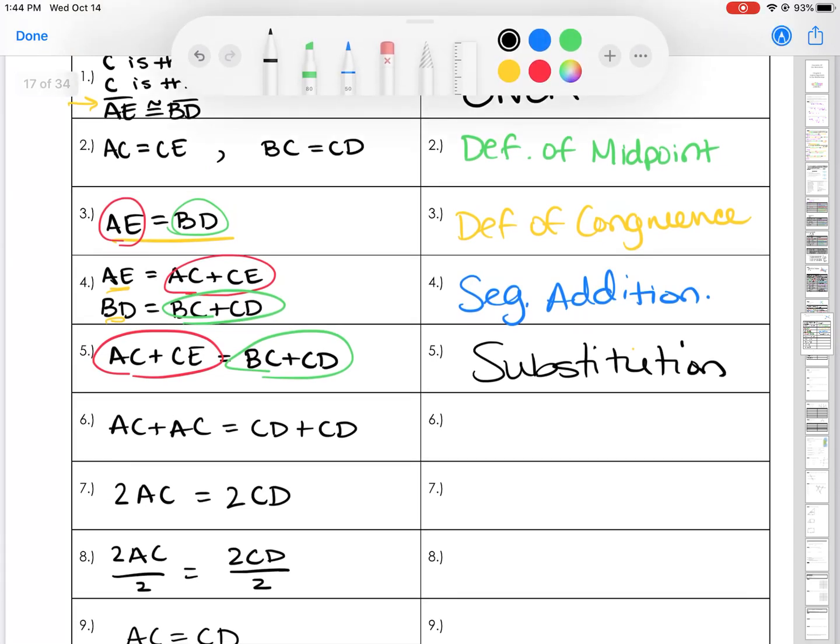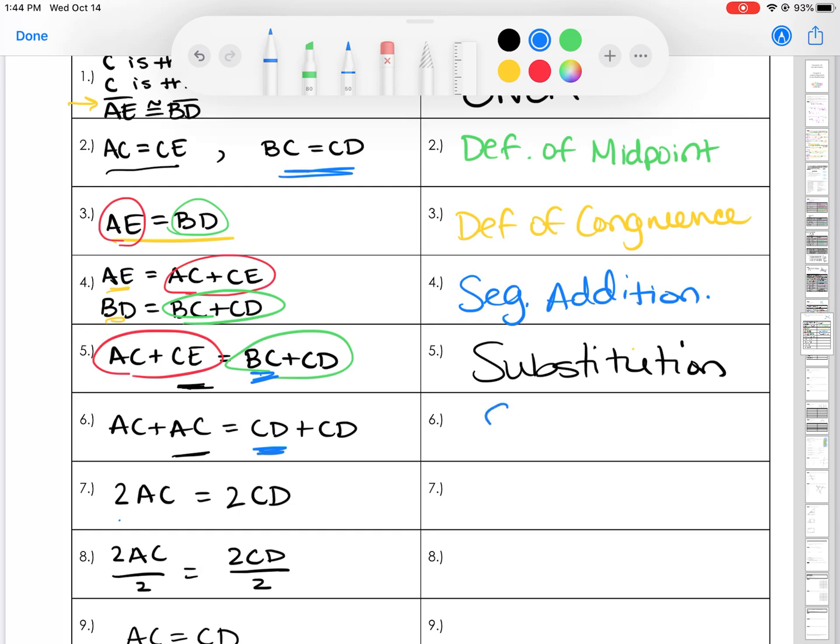Okay. From there, I can also substitute again. I know that AC is equal to CE, so I'm going to replace CE with AC. And I know that BC is equal to CD, so I can replace CD. Or, well, it doesn't really matter, I'm replacing CD with BC.